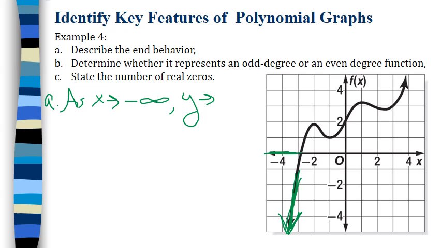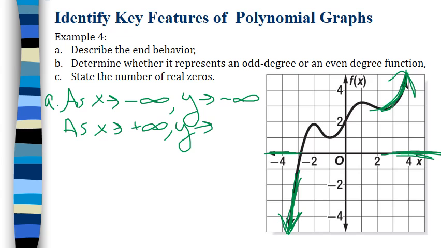It's going down. y is approaching negative infinity. As x approaches positive infinity, so as the graph goes to the right, the function is going up forever. So y is going to positive infinity.